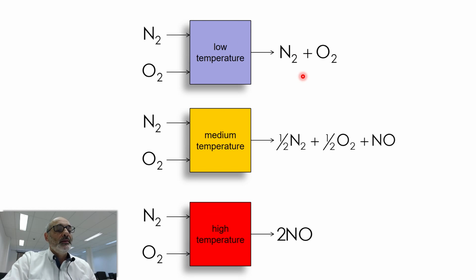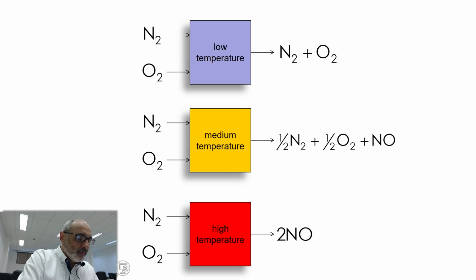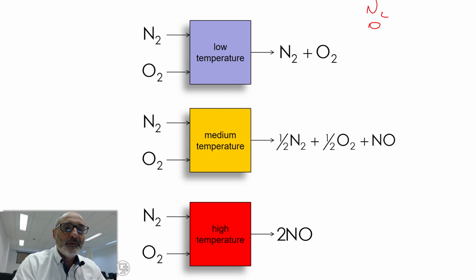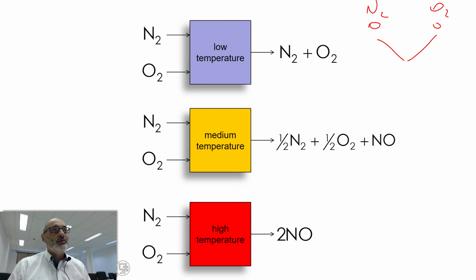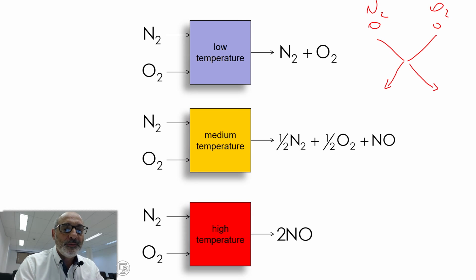Let me make some drawings here. One molecule of N2, if it bumps into another molecule of O2, they'll bounce back simply because they don't have enough energy to react.